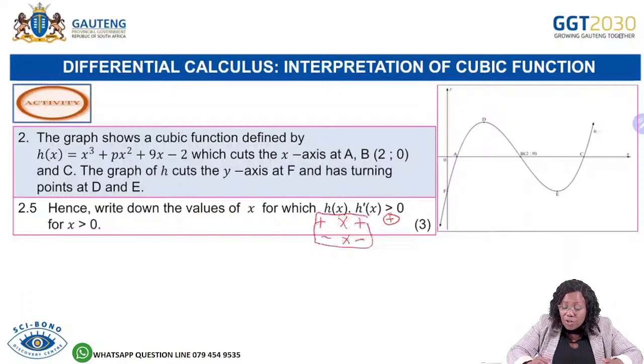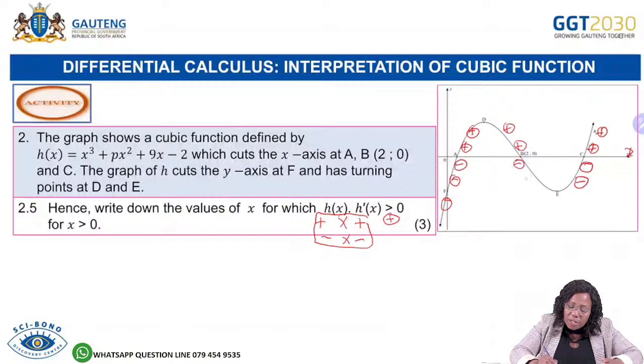Let's start with the original. Original, above the x-axis, the graph is positive. Above is positive. Below, negative. Below, the graph is negative. We are avoiding the stationary point.